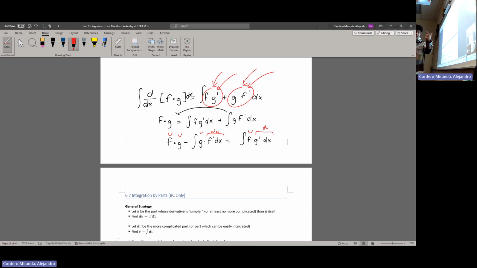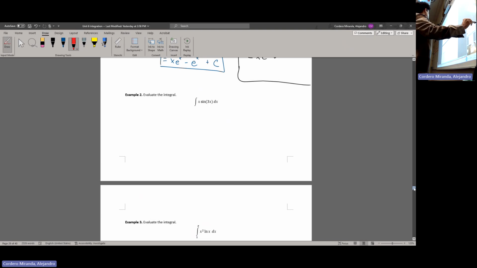So you're choosing one function left alone and one derivative. Talk to me in person if that doesn't make sense, and I can explain it more specifically, but there's the idea behind all this. That's basically the lesson, and then just a bunch of examples to see if you can choose the right u and dv. Let's go through those, and then that'll be that.